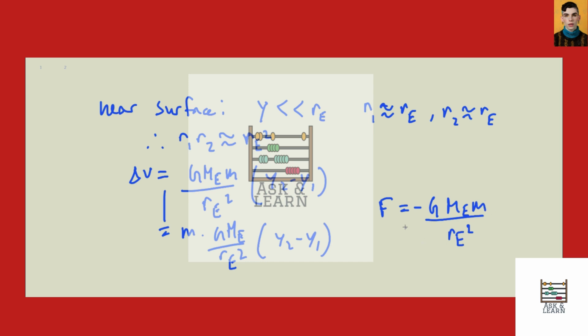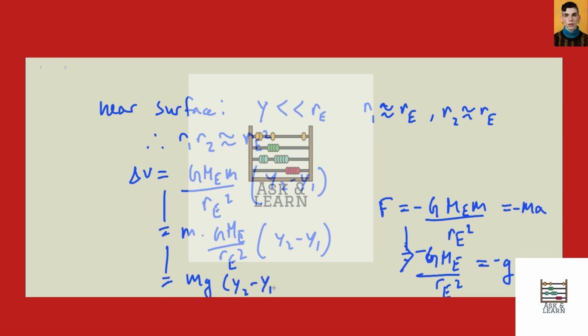And so this implies, rather, that the negative G M_E over R_E squared is actually just the gravitational acceleration due to gravity, because remember, F is equal to ma, and so for the Earth, a is g, and so that is equal to negative G M_E over R_E squared, right, so there'll be a negative sign there, and so you get m times g, all this is g, times y2 minus y1. And that's it.